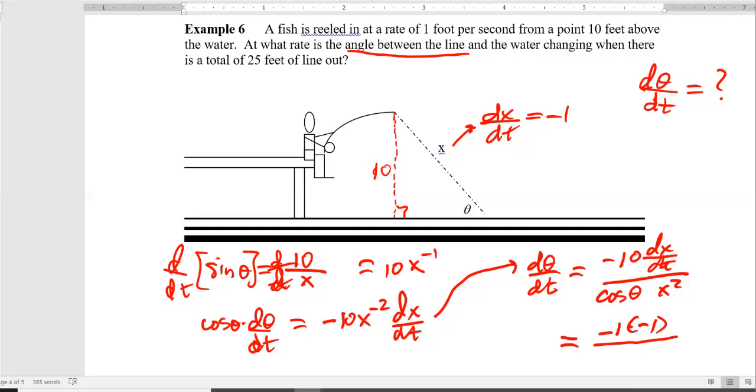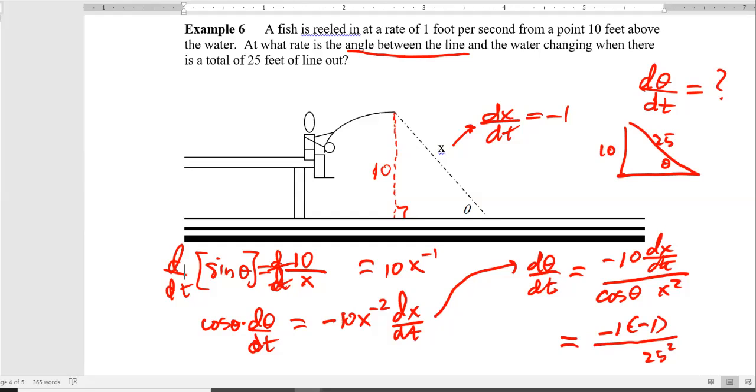Over here, let's see. Let me just look at this triangle that we have here. We have a 10, and at the moment when there's 25 here, that fixes this triangle, fixes theta, and therefore we see that x is 25, so this would be 25 squared down here.